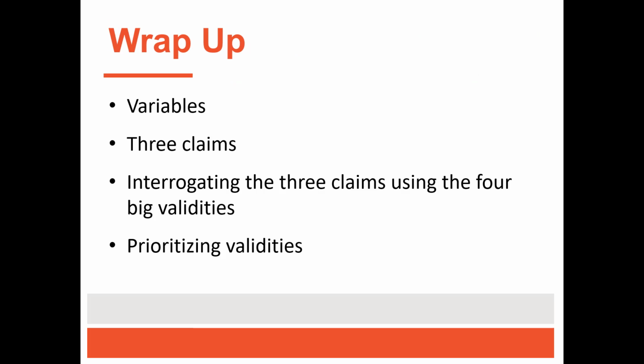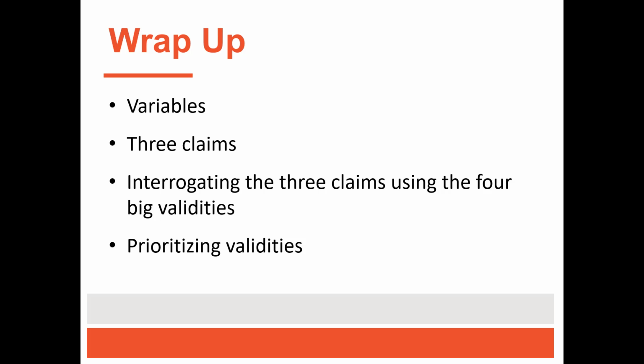So let's wrap up this week's topics. We talked about different types of variables versus constants. We talked about measured and manipulated variables, and how conceptual variables are operationally defined in order to be measured. We talked about the three claims that can be made about variables: frequency claims that describe how often a variable occurs, association claims, which describe the relationship between two or more variables, and causal claims, which describe how one variable causes another.